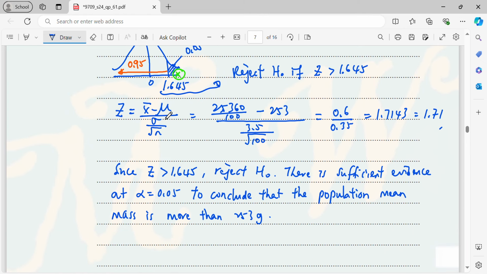Okay, so that's all for the hypothesis testing.